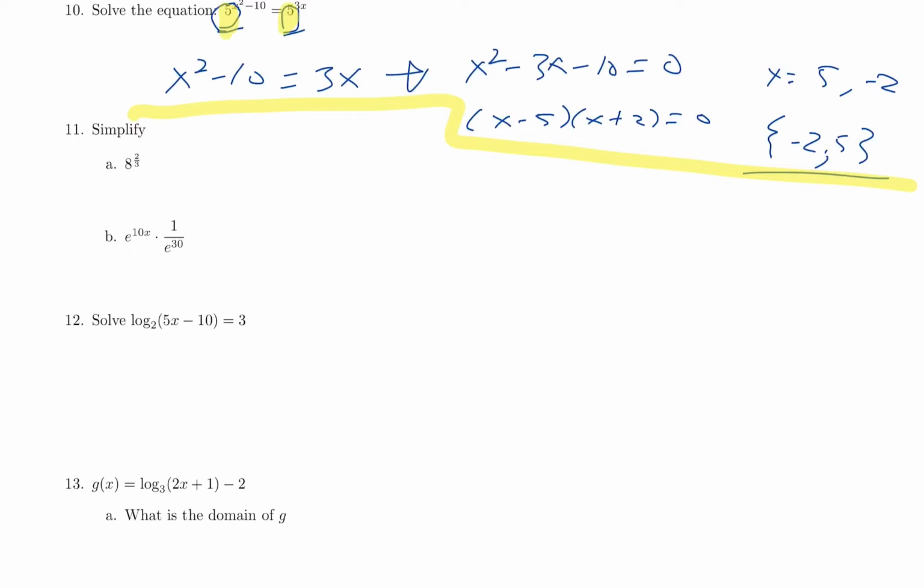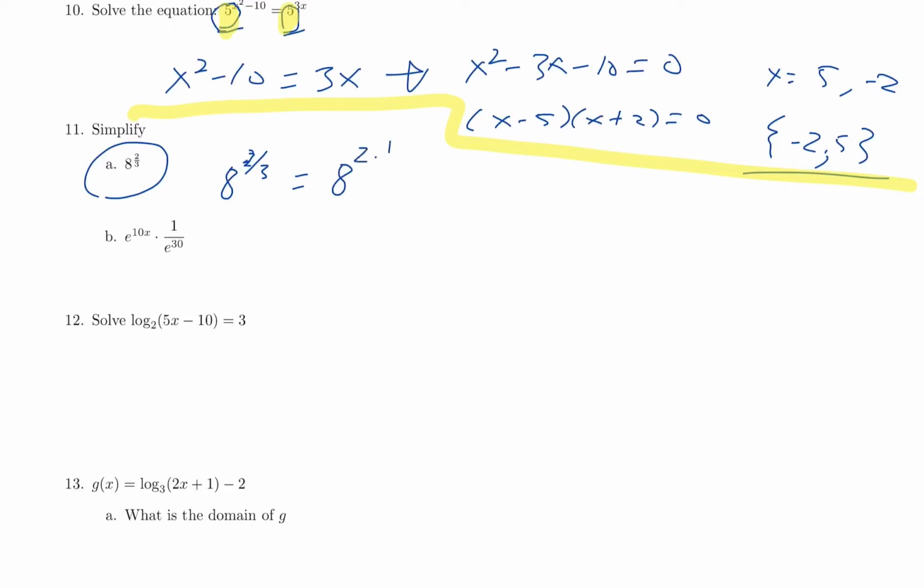Okay, so let's simplify 8 to the 2/3 power. What does that mean? This is just a review of exponents. The way we can look at it is we have 8, and we can think of the exponent as 2 times 1/3.